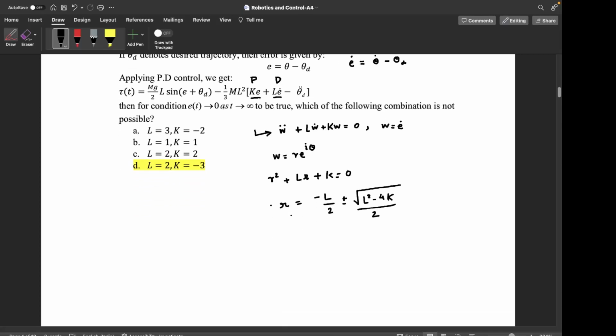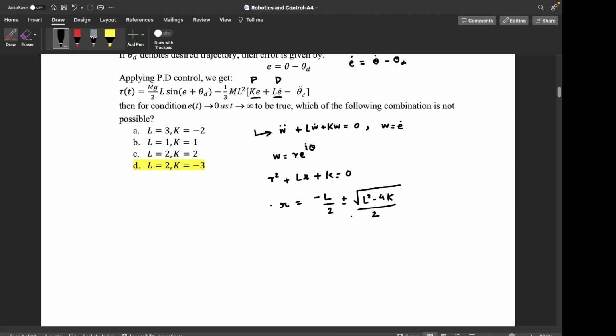Now what we want is that e to the power rt should go to 0 as t tends to infinity. We want to ensure that the real part of the solution is negative, so r has a negative real part.